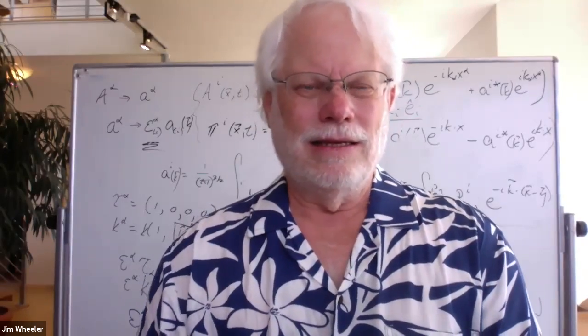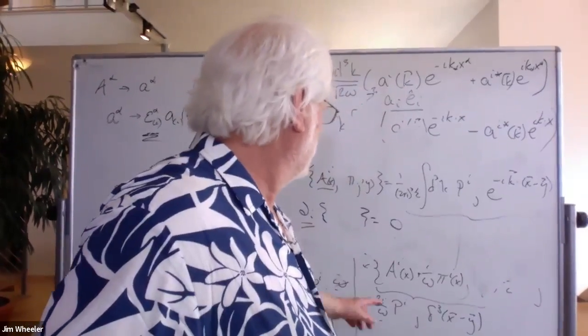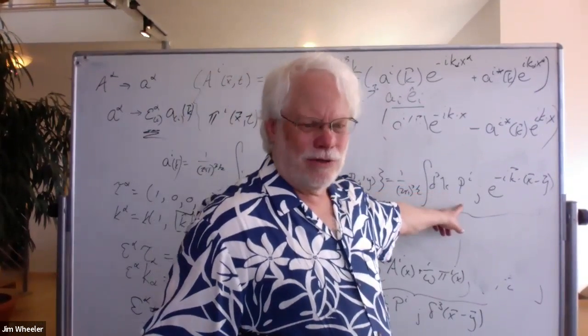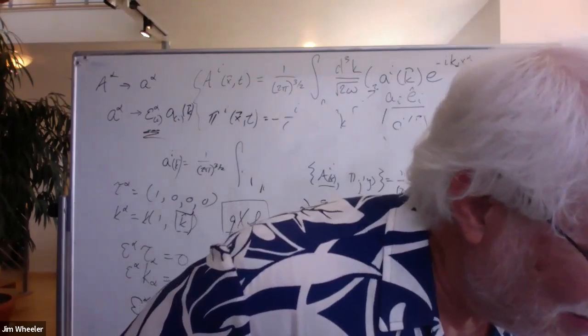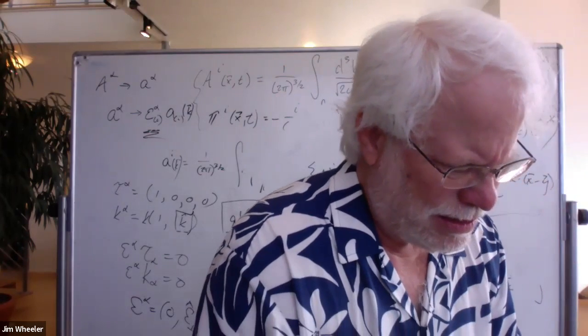Because P is also dependent on K, right? So that's where this is the gauge. Which is why this integral is really funny. We gauged in K, and so our delta function, it's like we're trying to gauge the delta function, kind of.